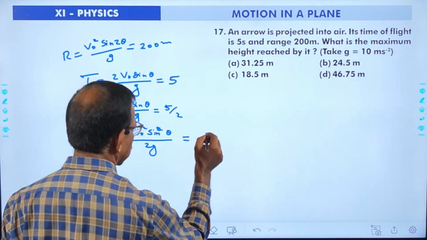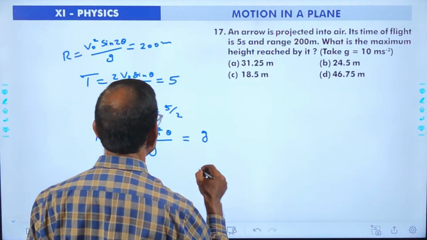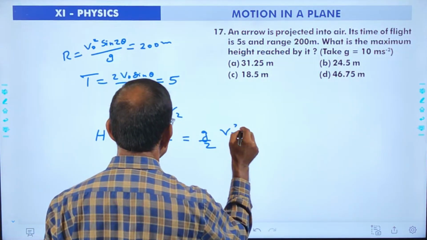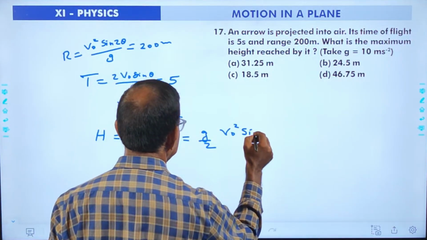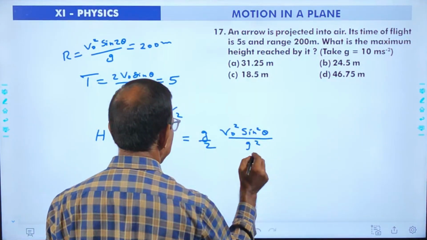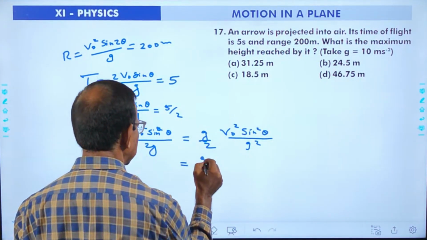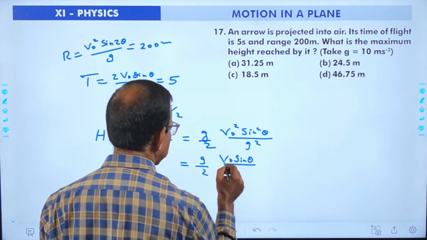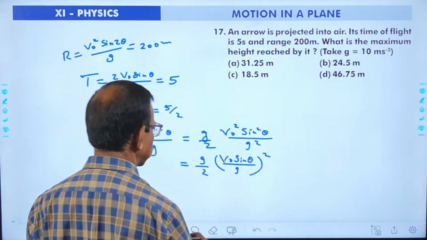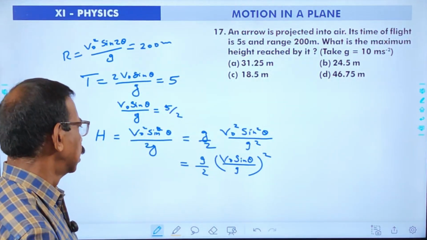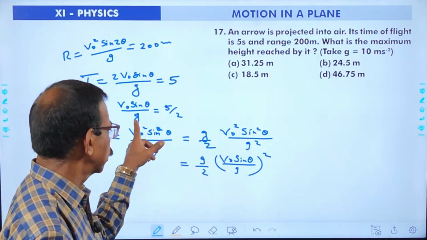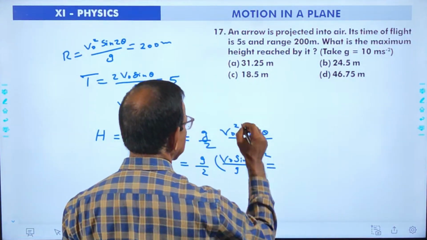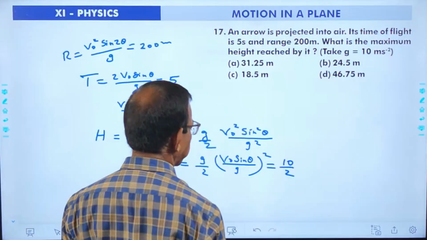I may represent it like this: G by 2 into V0 square sin square theta by G square. That is, G by 2 into V0 sin theta by G, the whole square. G is given as 10, so it is 10 by 2.